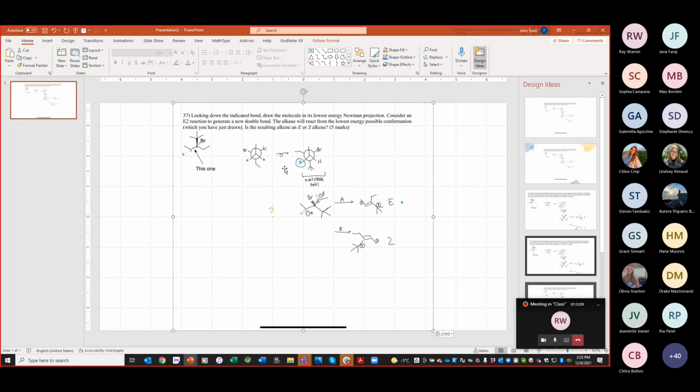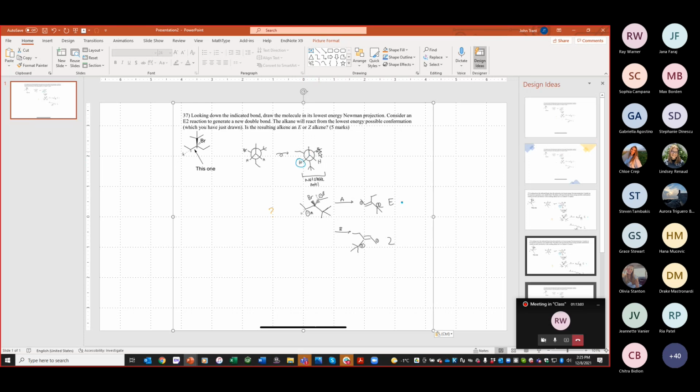This is right. Then you must eliminate anti-periplanar because it is an E2 reaction. So you must take off the hydrogen she has circled in blue. You cannot take off the other one because it's an E2 and it reacts from the lowest energy conformation. So you generate a double bond. Then everything else flattens out.